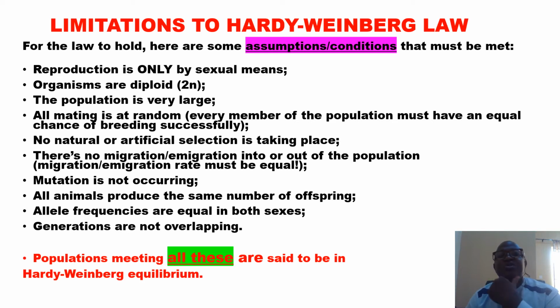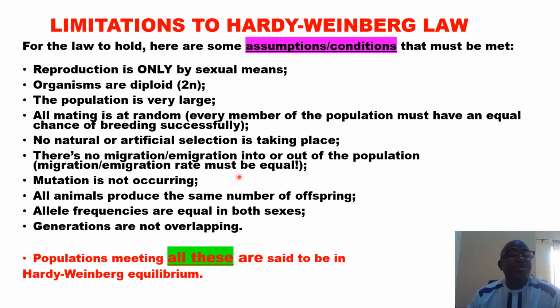There are certain limitations to Hardy-Weinberg's law, because for this law to hold true, some assumptions or conditions must be met. These are that reproduction is only by sexual means, but we know that reproduction is not only by sexual means; organisms are diploid; the population is very large; all mating is at random, meaning that every member of the population must have an equal chance of breeding successfully; there is no natural or artificial selection in the population; and there is no migration or immigration into or out of the population.